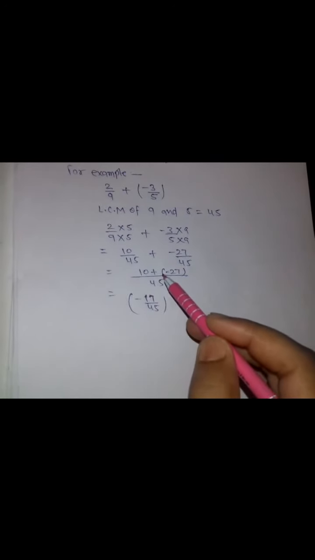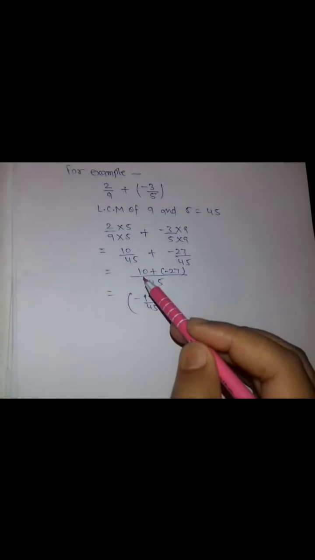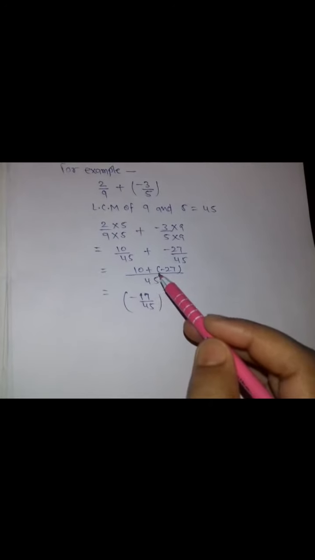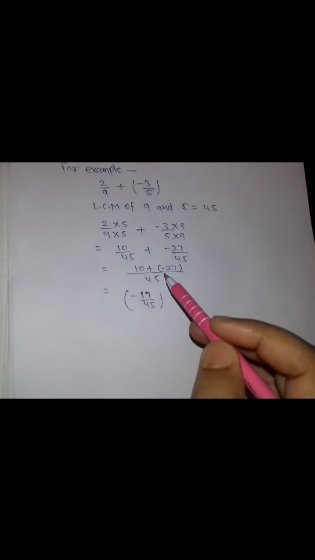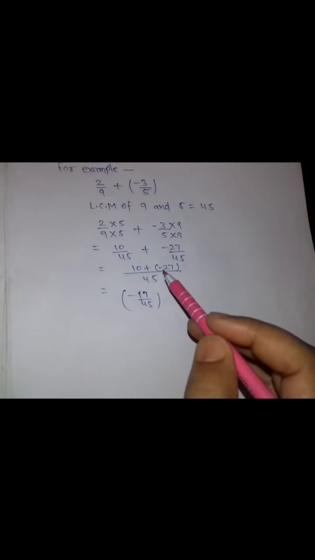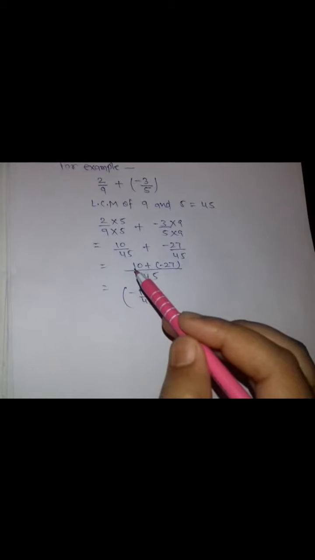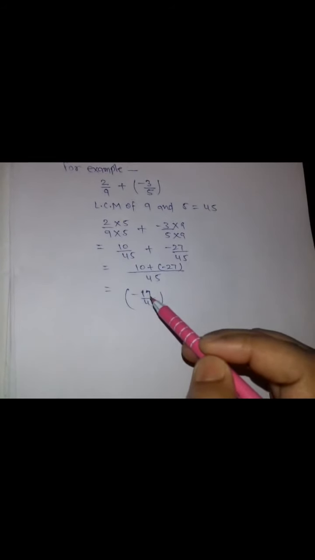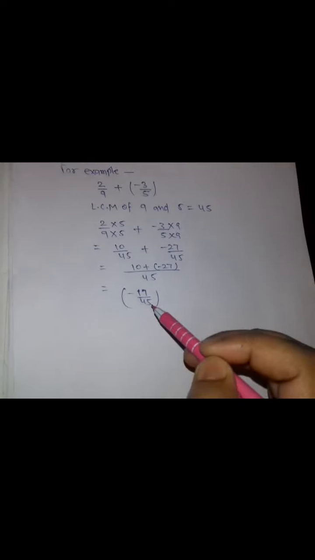When we find negative and positive integers, we subtract the small positive integer from the negative integer, and we get minus 17 by 45 as the answer.